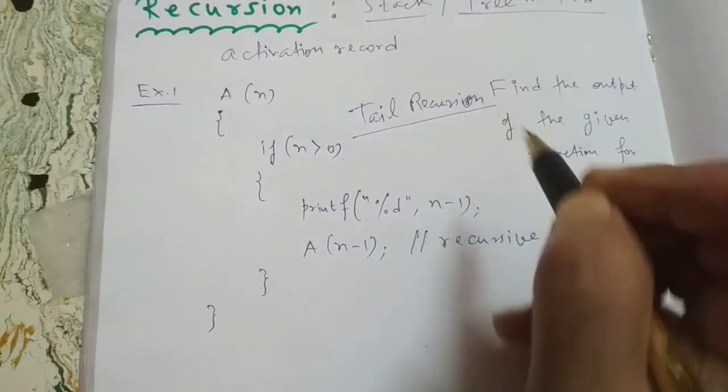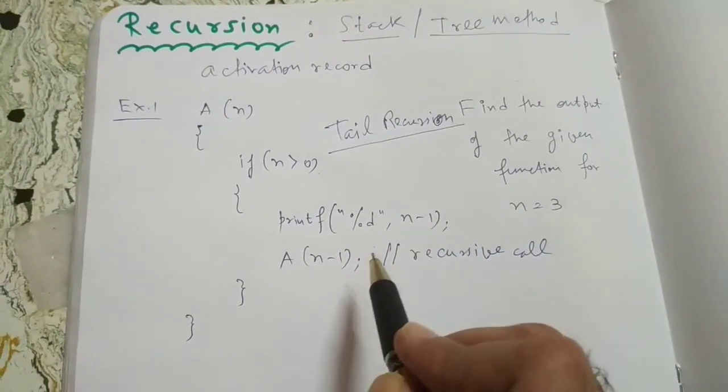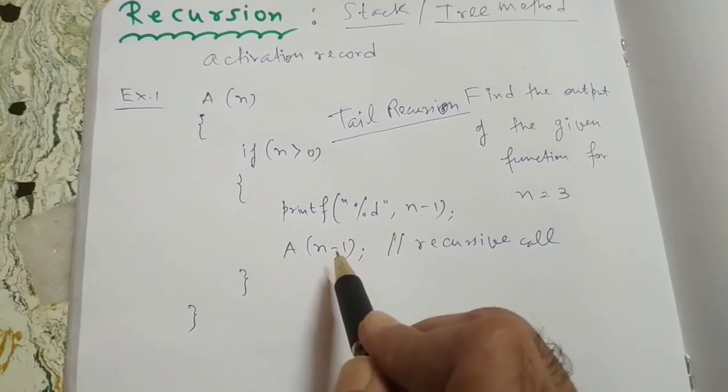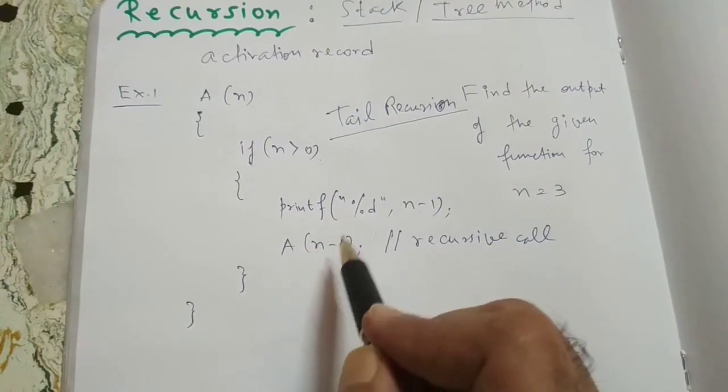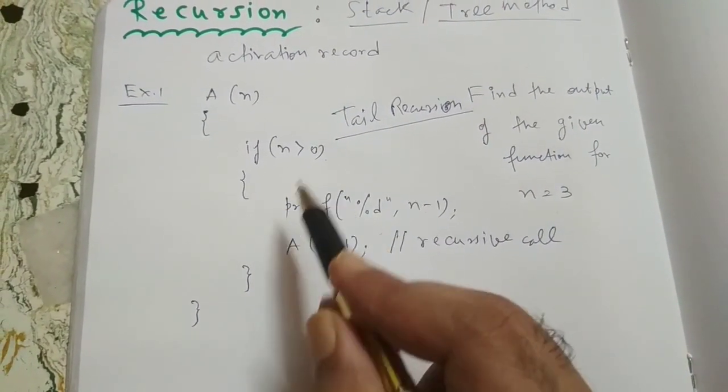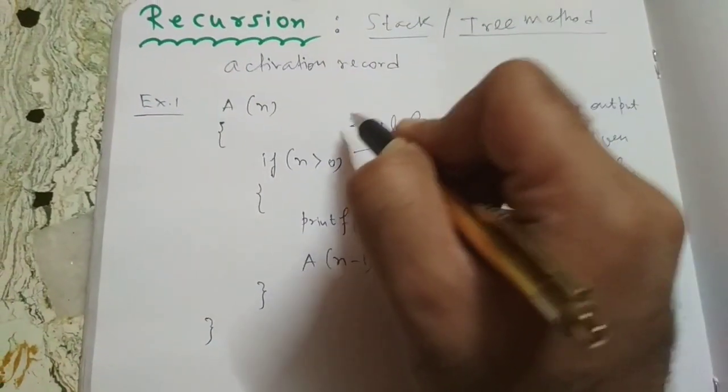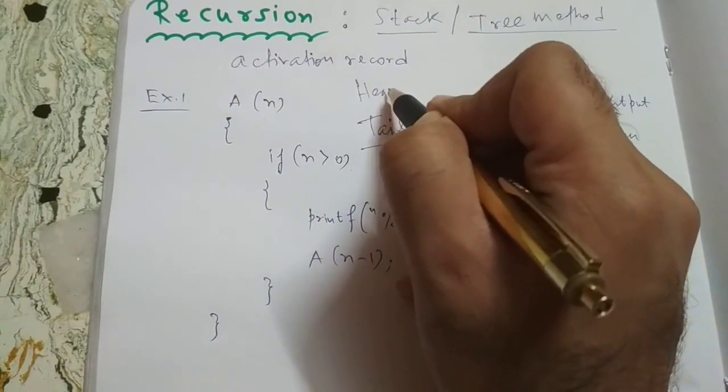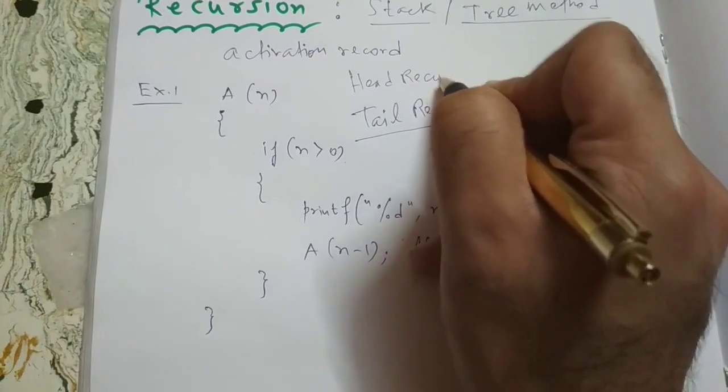Why is it called tail recursion? Because the recursive call is placed at the end. If the recursive call were placed at the beginning of the function, it would be called head recursion.